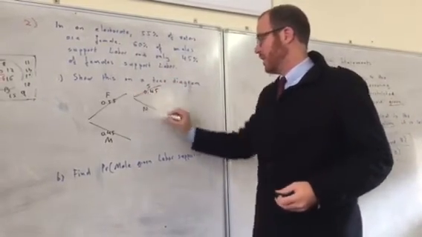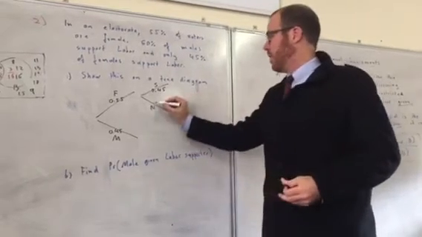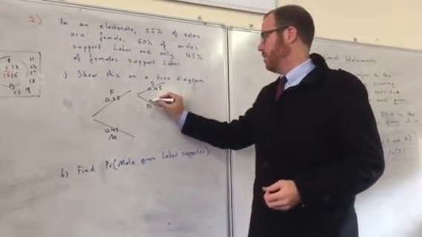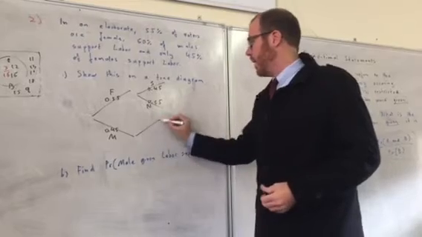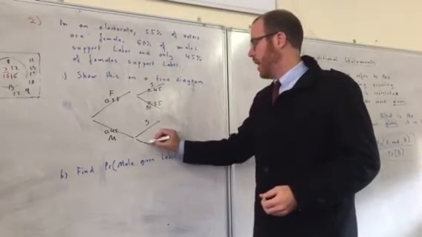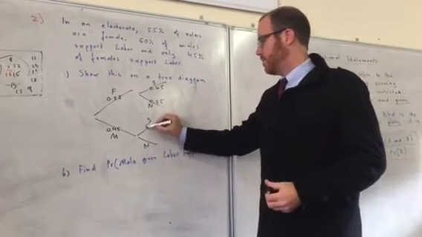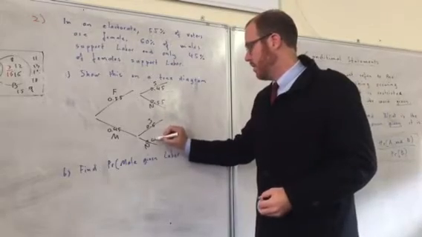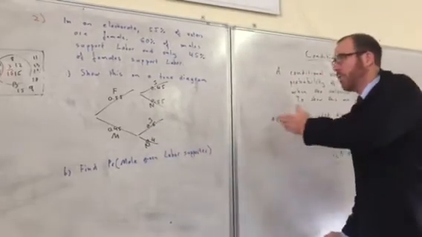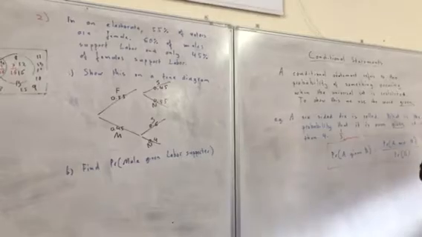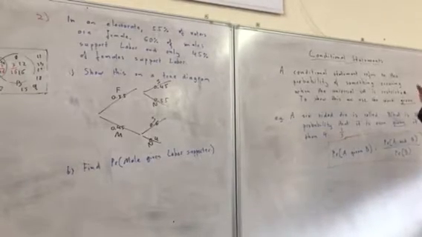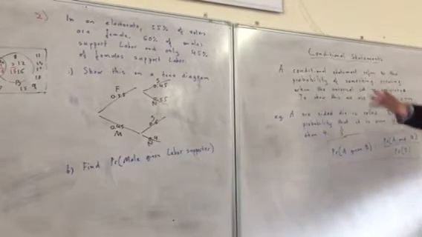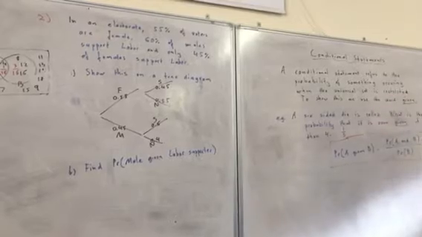What's the probability that a female doesn't support the Labor Party? 0.55. Males, what's the probability of support and not support? There's 0.6 and 0.4. So there's those 4 possible outcomes: a female supports the Labor Party, a female that doesn't support it, and the same for males. Those are the 4 branches of things that can happen.